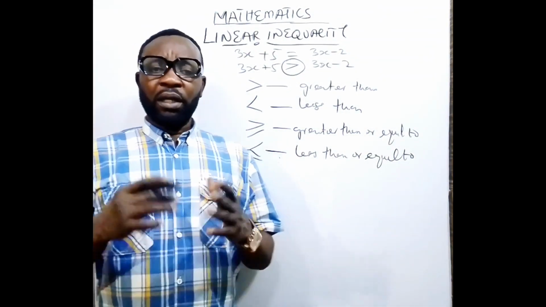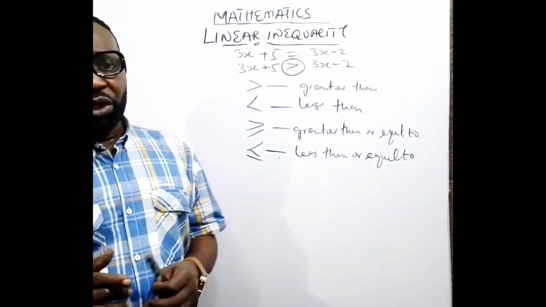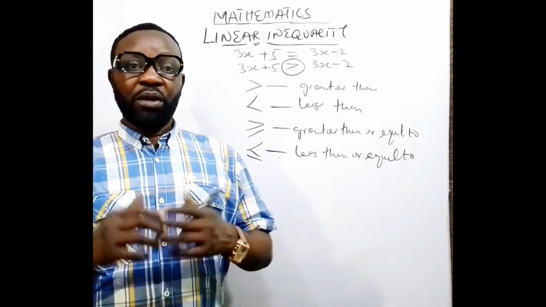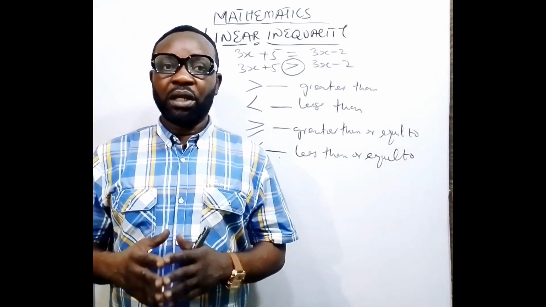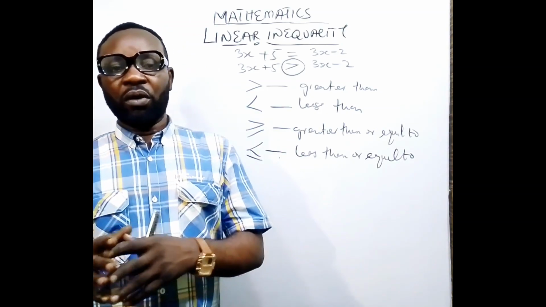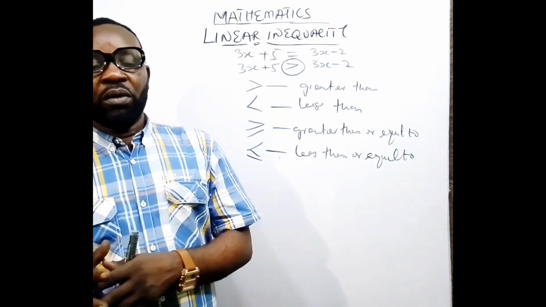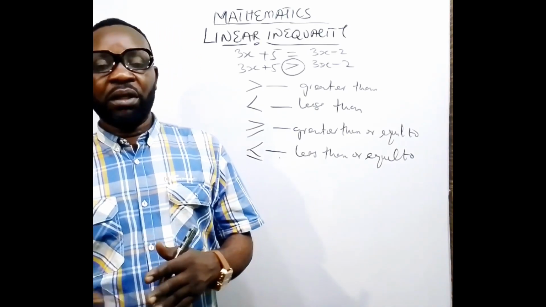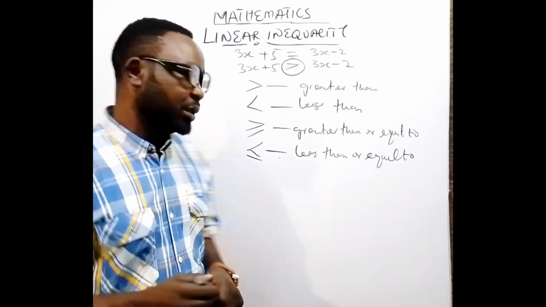Now, in linear inequality, there are some conditions that we must meet up with, and we have to take note of them. They are rules, and the rules are as follows. When you add the same value or you subtract the same value from both sides of the inequality, the sign will remain unchanged.